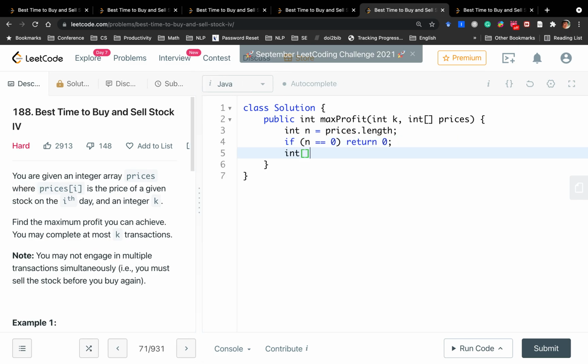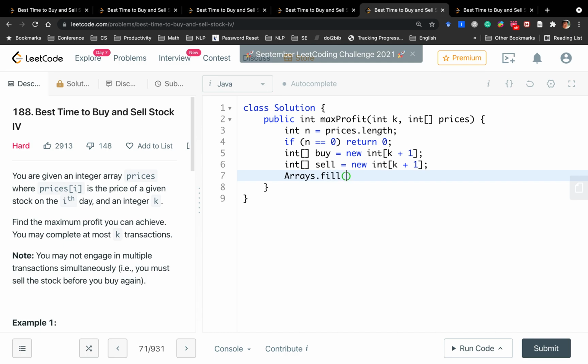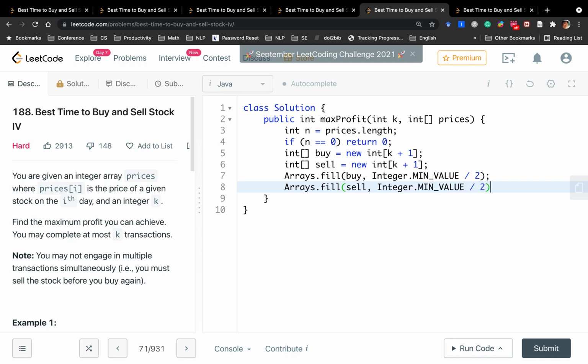So we need 2 variables. We call them buy, new int k plus 1, and sell, new int k plus 1. Arrays fill buy to integer minimum value over 2, and arrays fill sell to integer minimum value over 2.